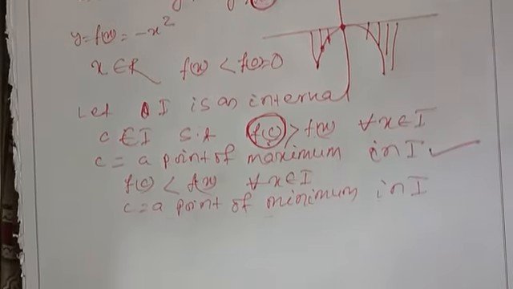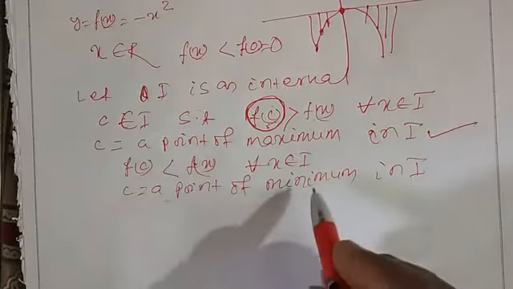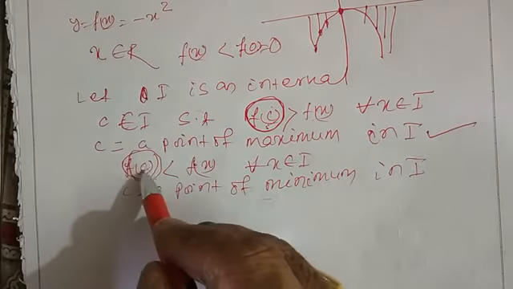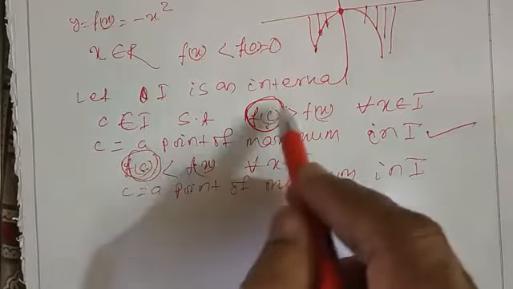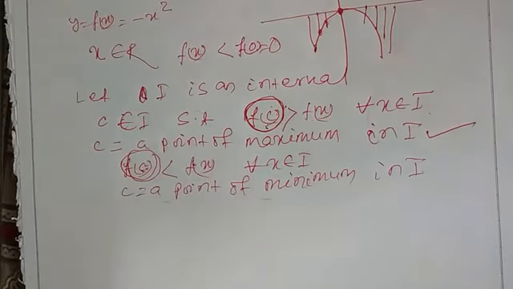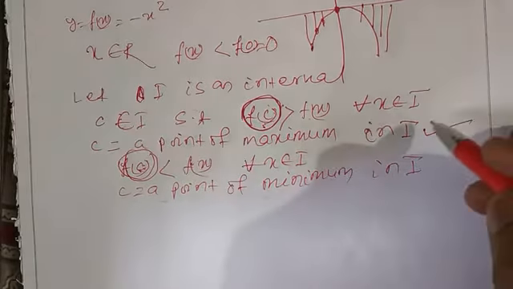And this is the minimum value. These maximum and minimum values are called extreme values in the interval, and the points are called extreme points. What do we call the points? Extreme points. And the maximum or minimum values are called extreme values in this interval.